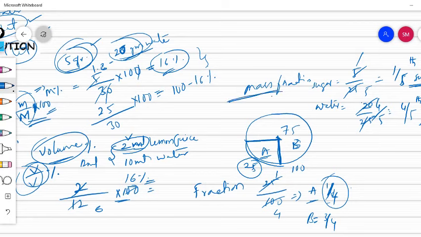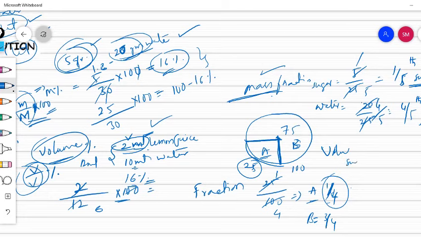So, mass percentage, volume percentage, and mass fraction. If I consider volume fraction, in the same way, for the same example, 2 ml in 12 ml.